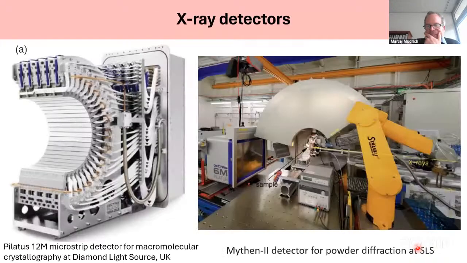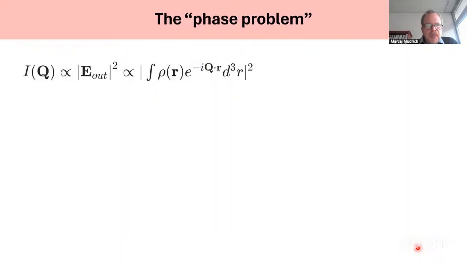So that is a brief introduction into the classical X-ray diffraction techniques, where mostly it's about recording diffraction patterns from crystalline samples. If we go one step back and derive from theory, we don't go through all the details, a more general expression for the intensity distribution as a function of the Q vector.